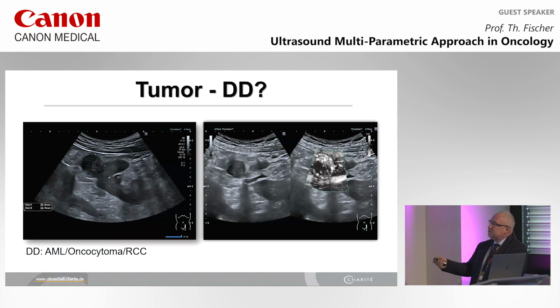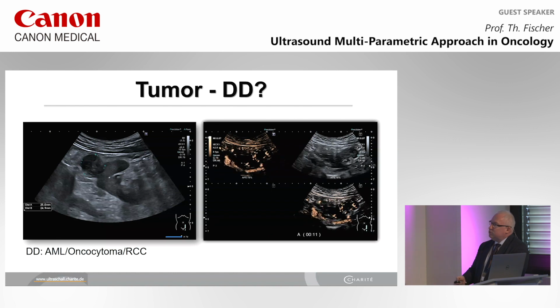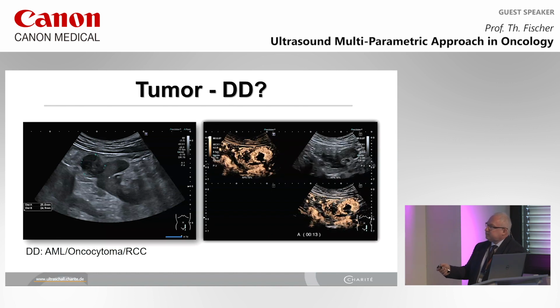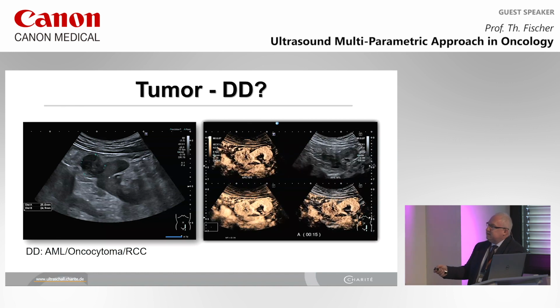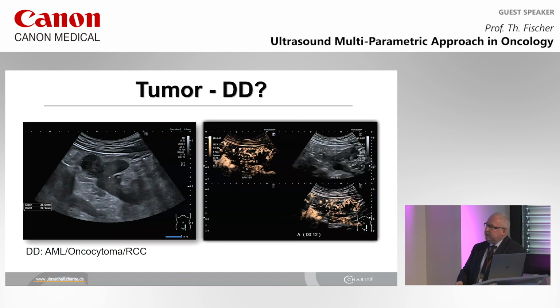Starting first with SMI. Why is this helpful? You can see all these AV shunts, which is very typical for that lesion. Next step, contrast application. Now you can see the inflow is at the same timing as the renal cortex. Homogeneous inflow, we have one centralized artery.